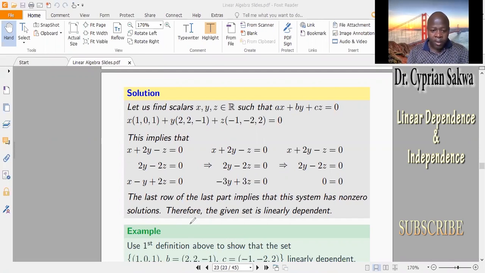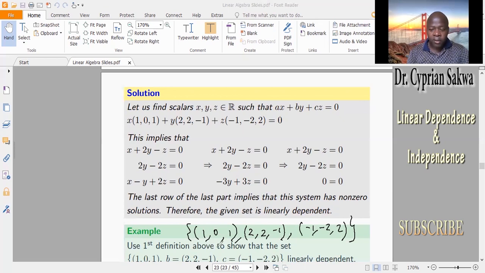This set is 1, 0, 1; 2, 2, negative 1; and negative 1, negative 2, 2. Is this set linearly dependent? The question here is to use the first definition.